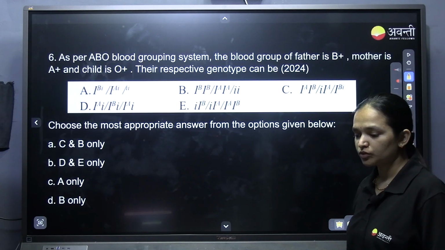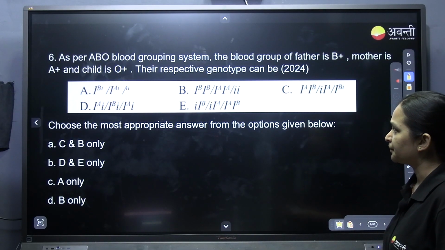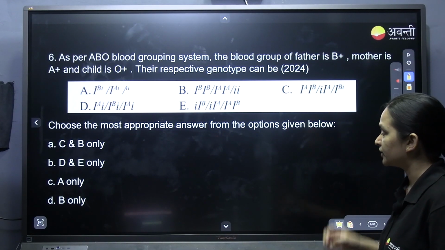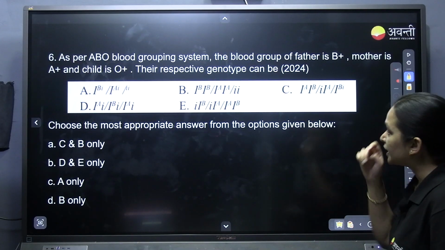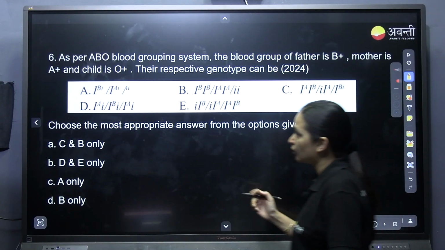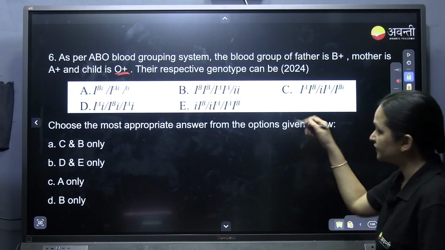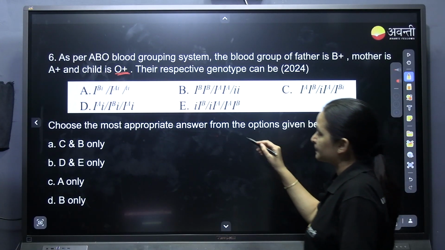As per the ABO, there are so many codominance questions. Questions on the basis of codominance. Okay. As per ABO blood grouping system, the blood group of father is B positive, mother is A positive and the child is O positive. The respective genotype can be? If the child has to be O positive, then both of the parents should have one recessive i gene, isn't it?